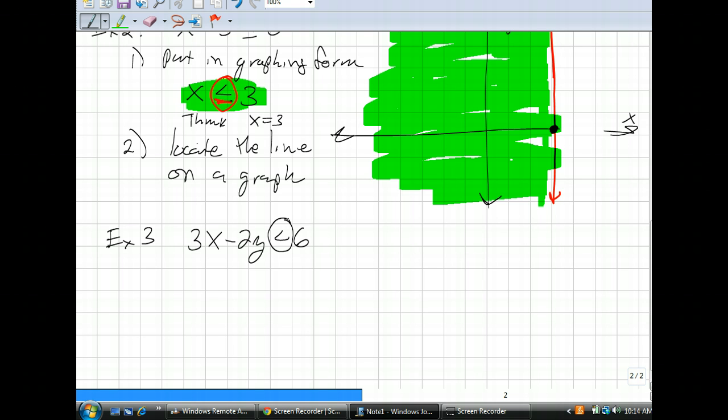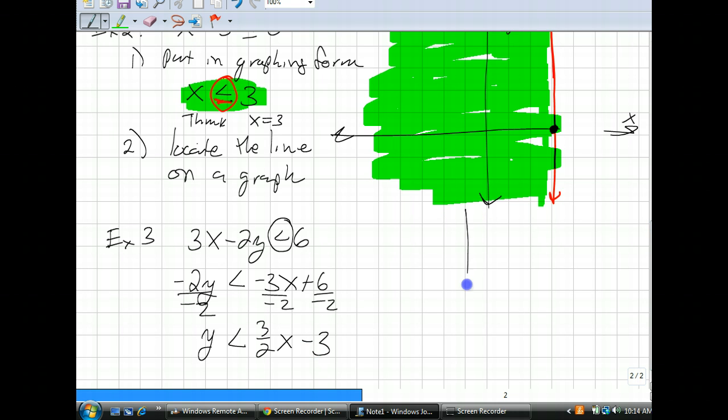So step number 1, put in graphing form. Divide by negative 2. So y is less than 3/2 x minus 3. Okay, so next step, go to the graph.